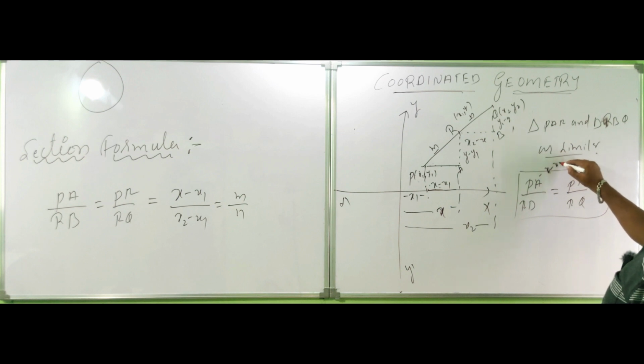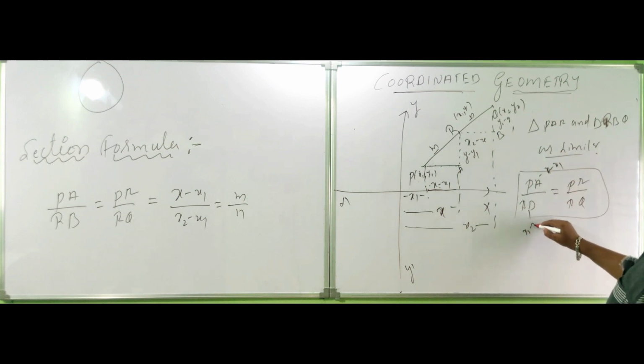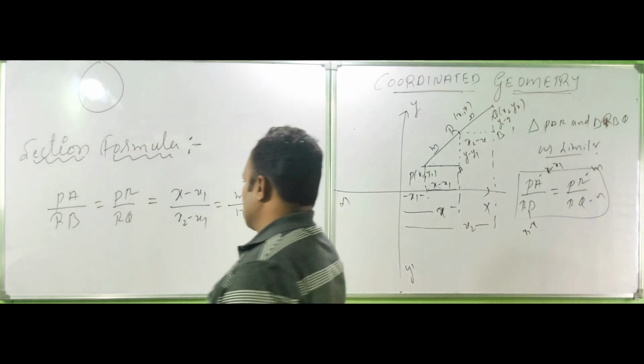Okay, x minus x1 and this is x2 minus x. This is equal to m, this is equal to n, corresponding values. Just rearrange the terms.